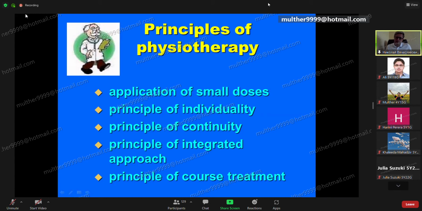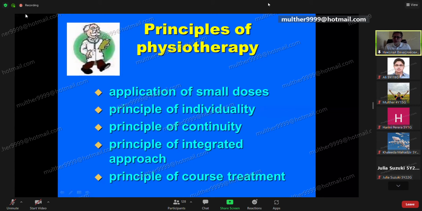Principle of integrated approach. It's also a principle of medical practice which helps to estimate possible contraindications from other systems except the damaged system.